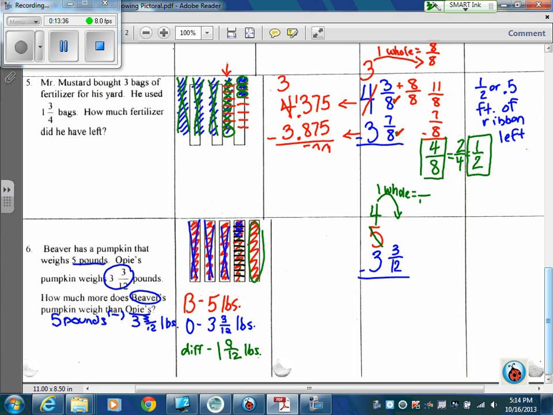It needs to have a common denominator of 12 so that we don't have to change that. So we know that the top number, the numerator, has to be the same. Now I go back, my denominators are common, now I can just subtract. 12 minus 3 is 9. Denominator stays the same. And don't forget your whole numbers. 4 minus 3 is 1. So that matches here with what we thought the difference was between the two. That 5-pound pumpkin is 1 and 9/12 pounds heavier.